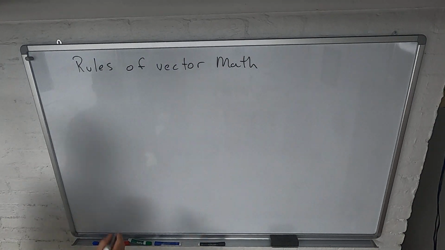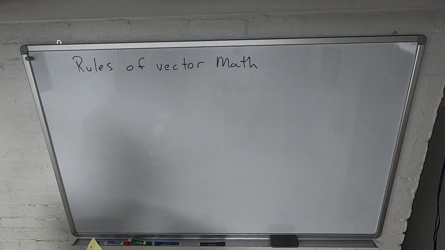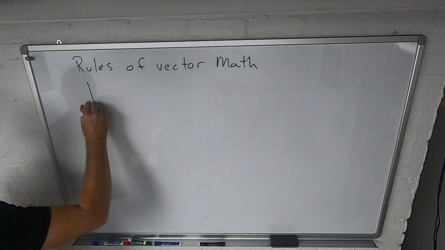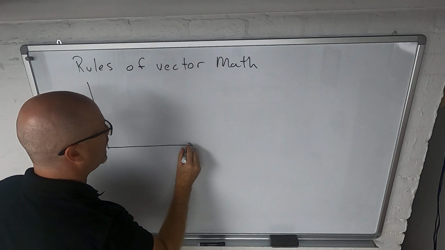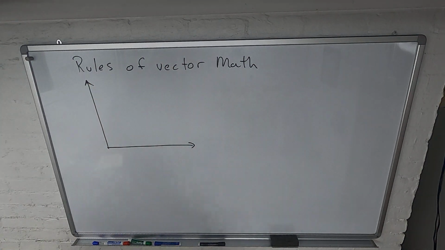Let's think about how we represent vectors in two-dimensional space and how we add and subtract those vectors. So the way we do that is the following.